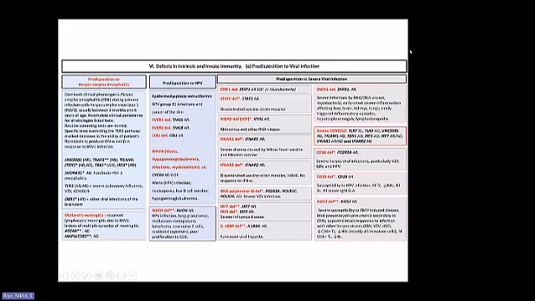Other ones that you note here are defects in type 1 interferons, such as interferon receptor 1 and 2 defects, or IRF defects. IRF7, IRF9 defects can lead to increased susceptibility to flu disease. Similarly, the defects in STAT1 gain of function or loss of function can lead to what we know as Mendelian susceptibility to mycobacterial disease.